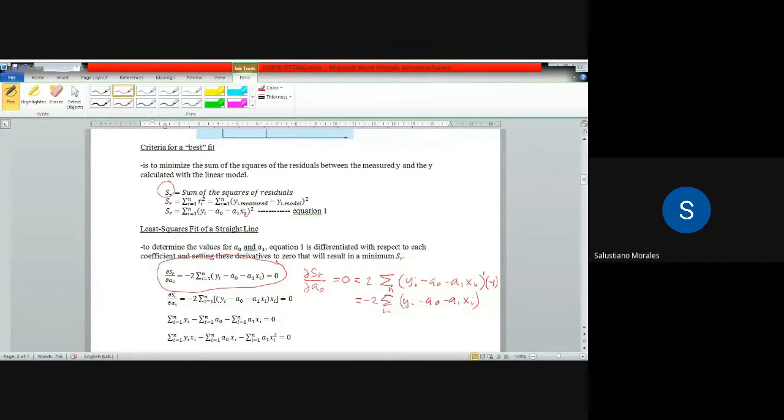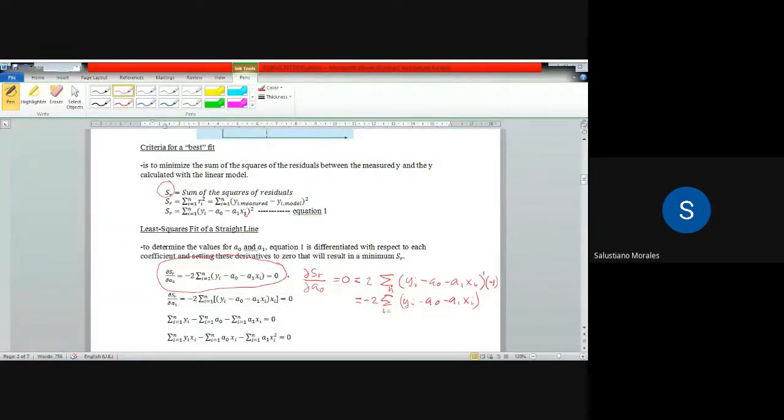So, yan. Ganun din ang gawin natin. If we're going to take again the partial derivative of the same equation with respect to the next coefficient, which is a1, we come out as the result now as negative 2 multiplied by the summation of y sub i minus a0 minus a1 xi, then multiplied by xi, where i starts from 1 up to n, and it should be set to 0.